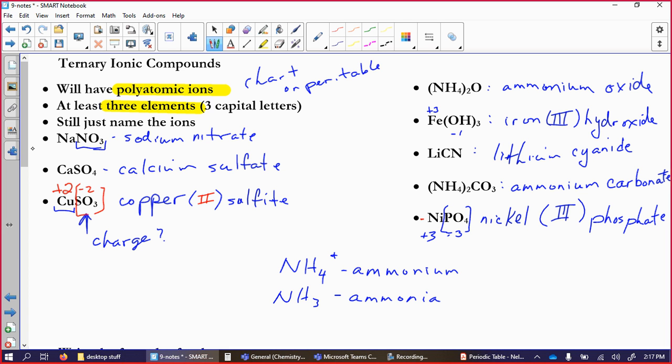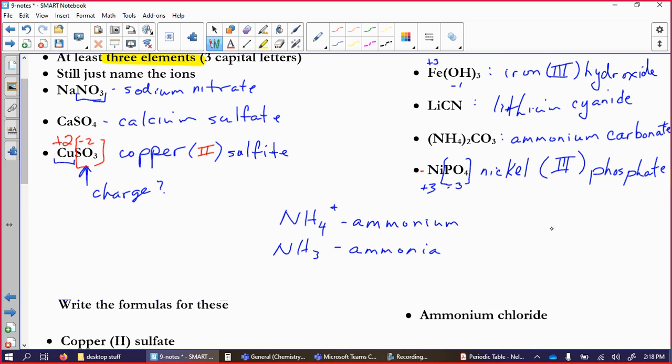Other than having to do the odd charge check, all of the polyatomic ions are going to come from your periodic table. There's one that kind of isn't really there, and I'm going to talk about it over here. So on your table, you have SO4 2 minus, SO3 2 minus.